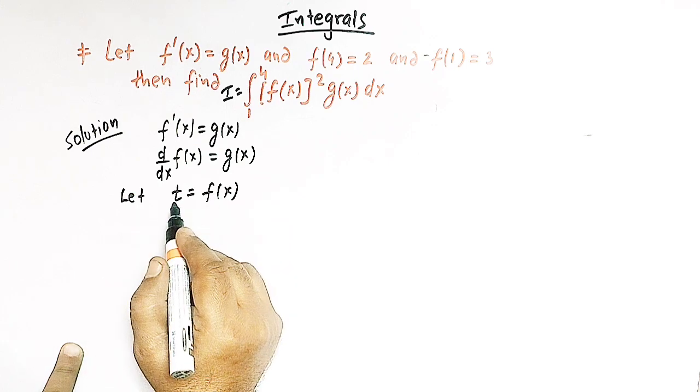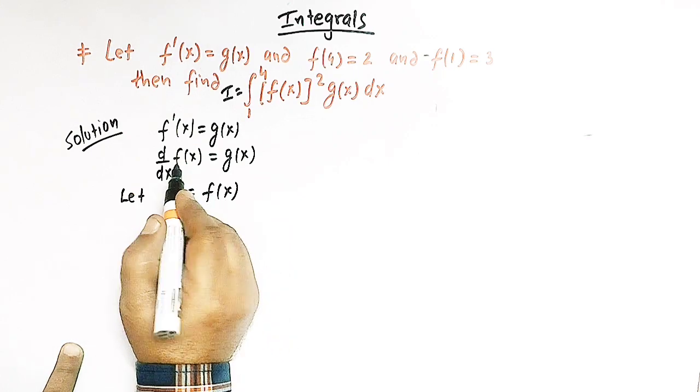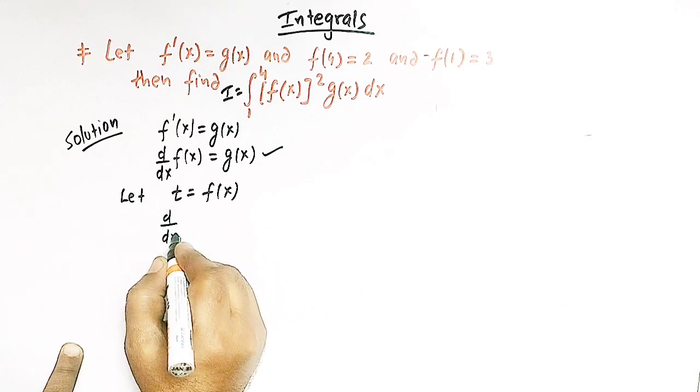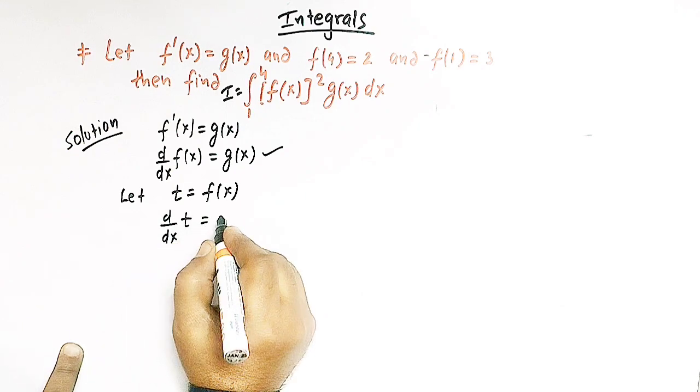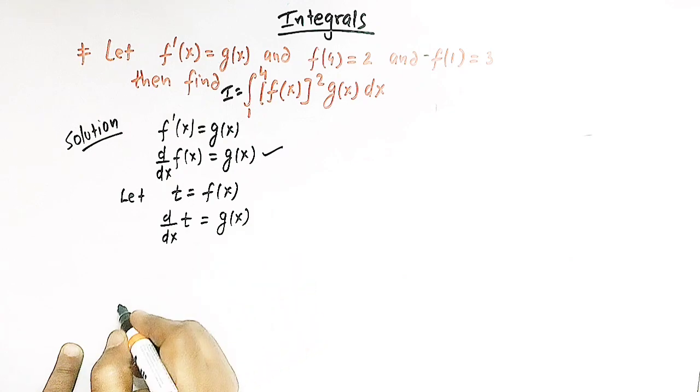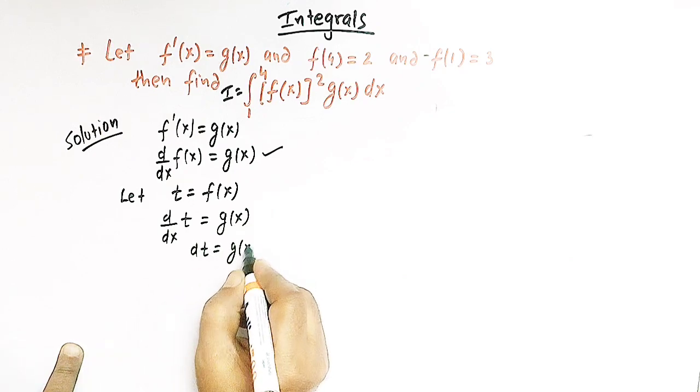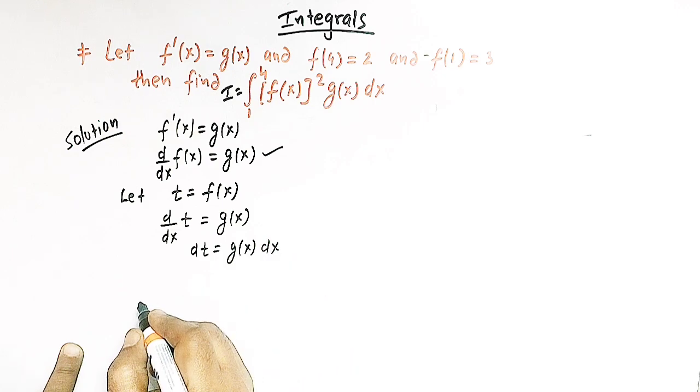So when t is equal to f of x, this expression can be written as dt by dx is equal to g of x, so that dt is equal to g of x dx.